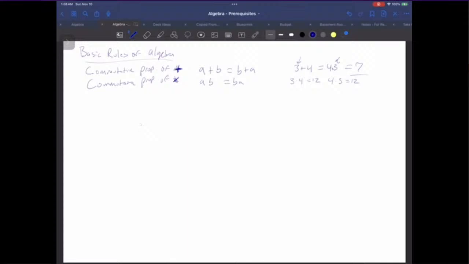So these properties, commutative, think of commuting. You can move things around and you get the same answer. You move A times B, B times A. This works whether you have more stuff. So, A times B times C. You can move the C to the front. It doesn't matter. Okay, so then you have the associative property.